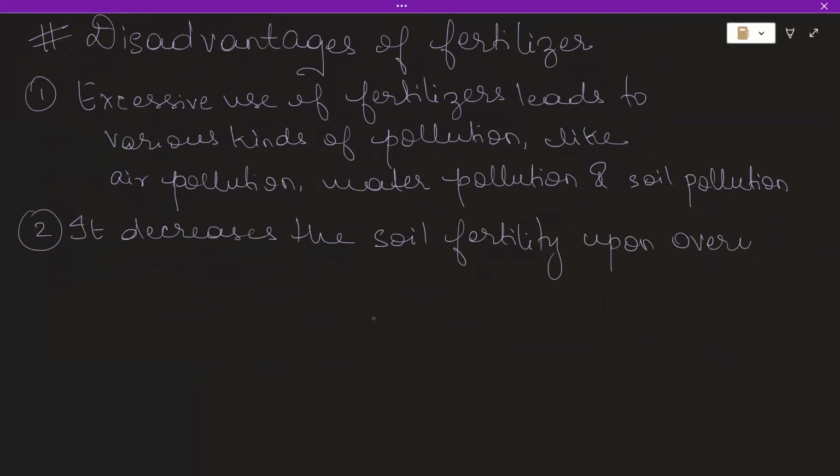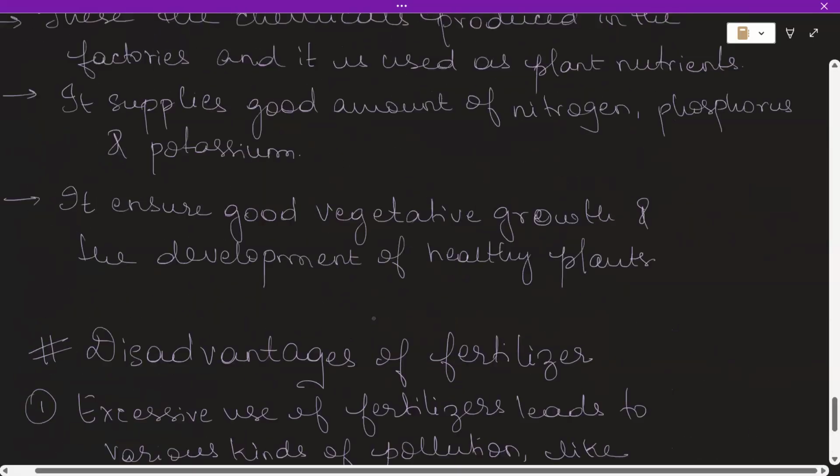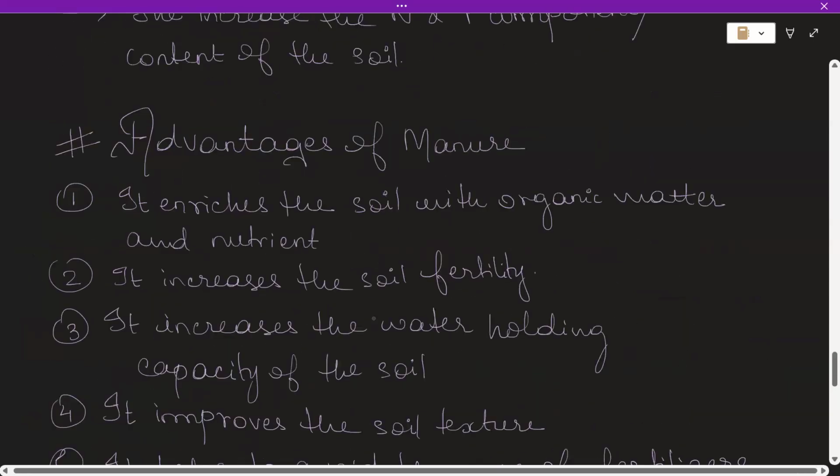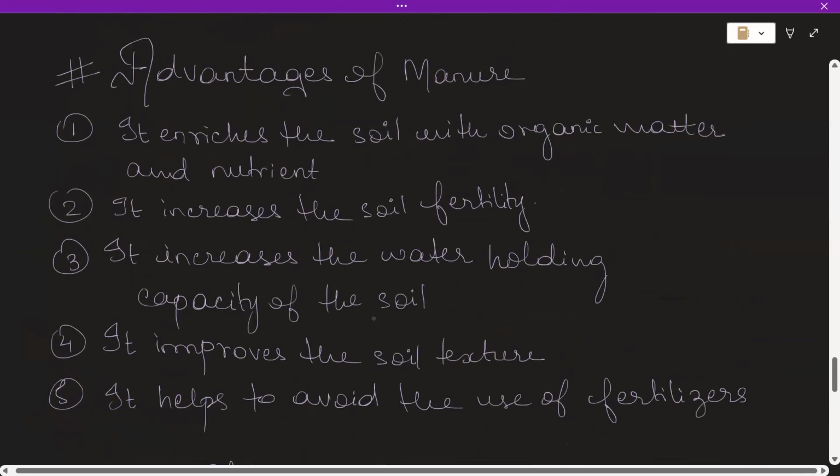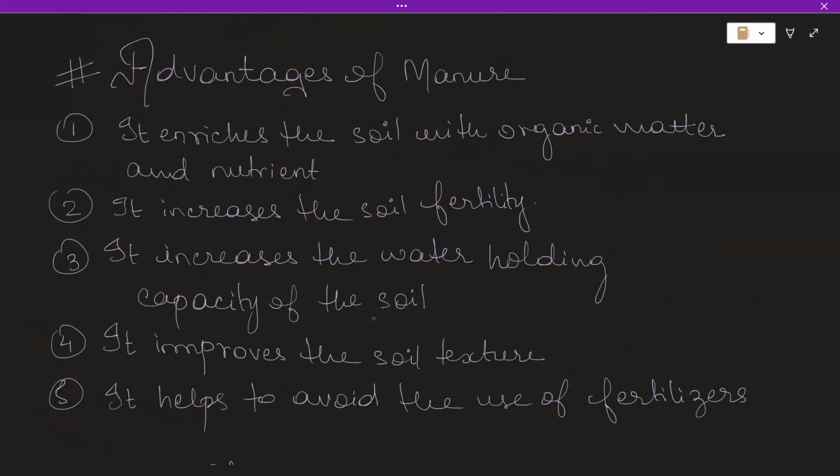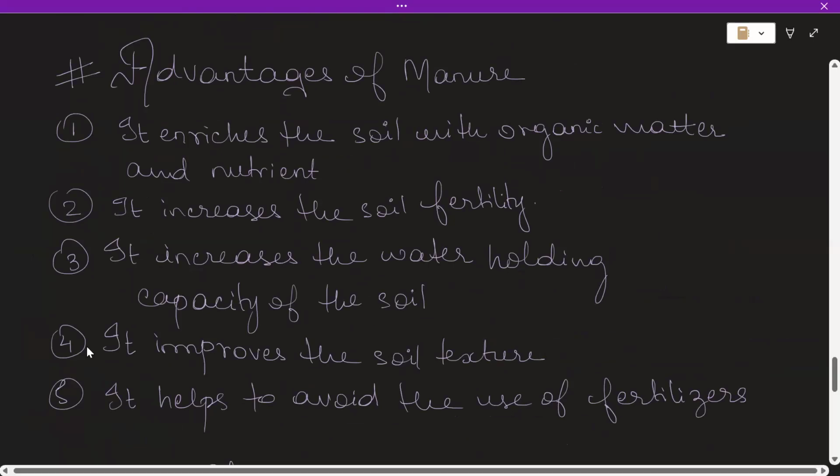I am not saying that it is all in all a bad thing. It is indeed important. But it decreases the soil fertility and causes pollution if you use it way too much. Is it clear to everyone? Yes. All right, now you people note down.